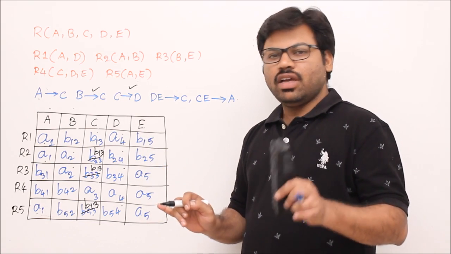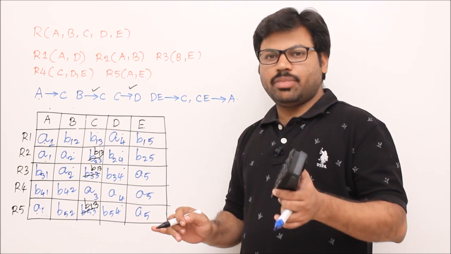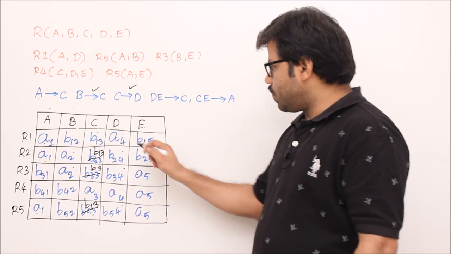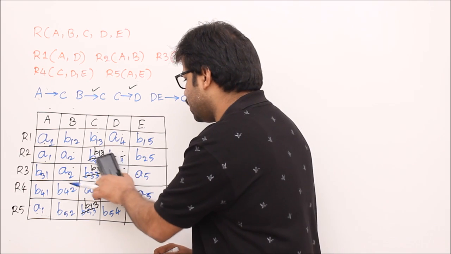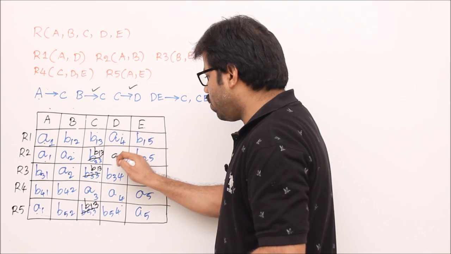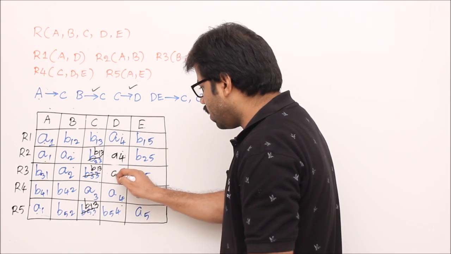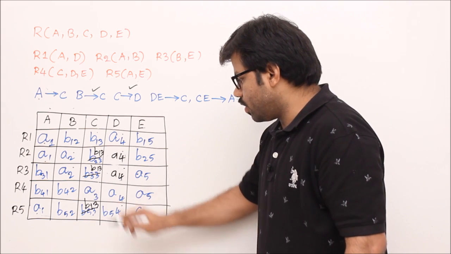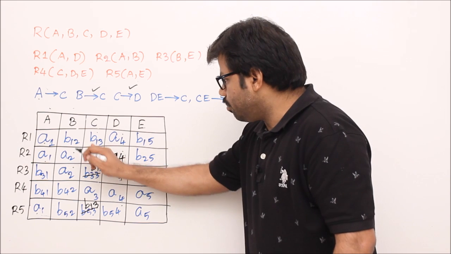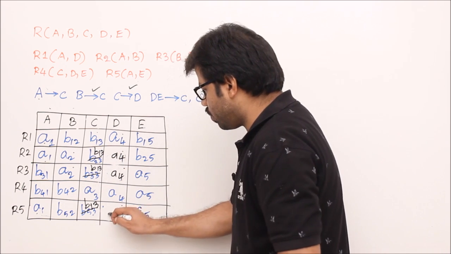So remember one thing, whenever one of them is A, other entries also must be converted to A. So that's why one of them is A4, right? Then I make B24 to, let's erase it. So I write here A4, I write here A4, I write here, already it is A4, right? Sorry, we should not touch this one because we are only focusing on B13s. So B13's corresponding entry B54 is A4.